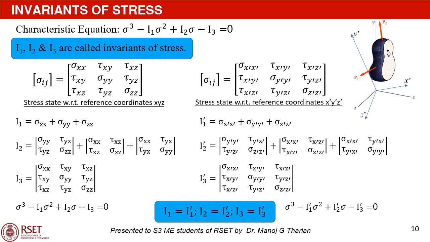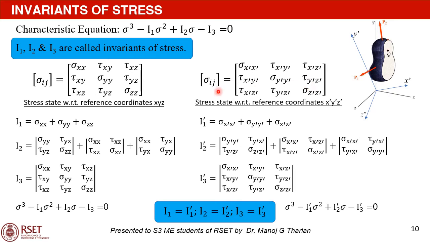Now consider a transformed set of coordinates x dash, y dash, z dash. That is a set of reference coordinates which are mutually perpendicular but is having a different orientation as compared to x, y, z. The stress state at the same point Q with reference to the transformed coordinates x dash, y dash, z dash on the same body for the same set of loading is given by sigma x dash, sigma y dash, sigma z dash, tau x dash y dash, tau x dash z dash and tau y dash z dash.